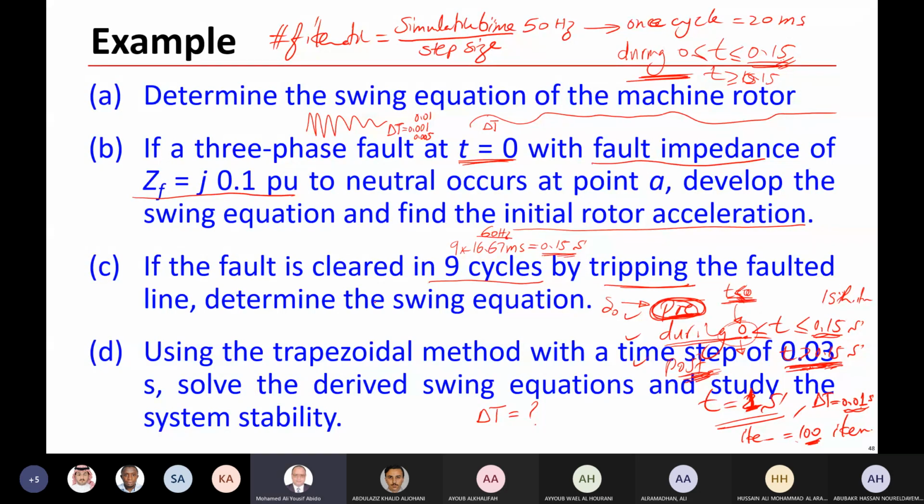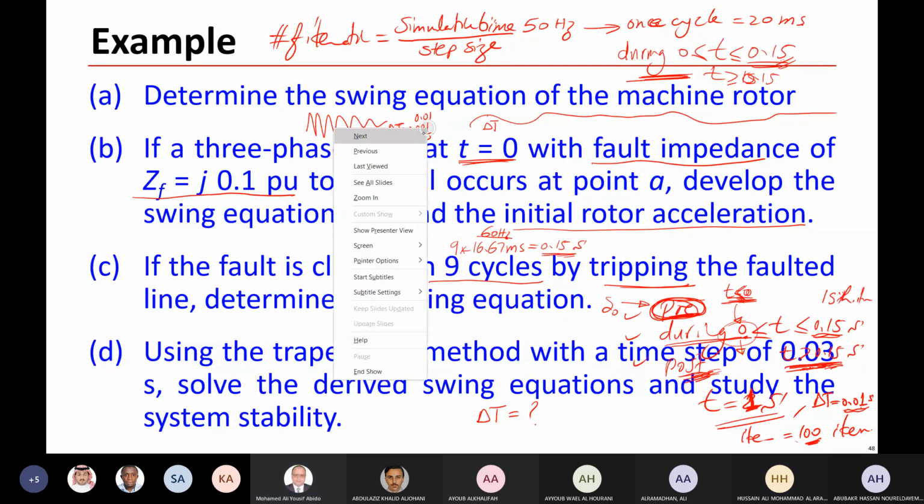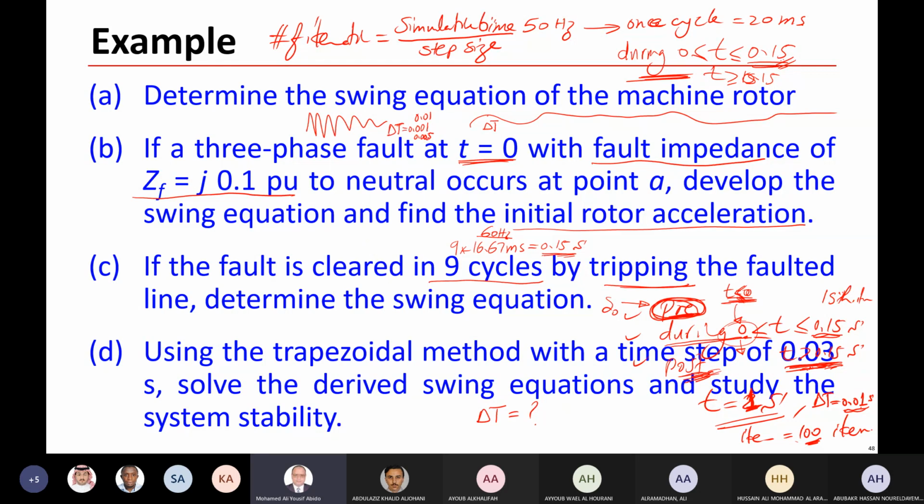Of course, you can start. This one will give you better results than this one, and this one will give you better results than this one. And definitely, the smaller the step size, the more accurate the solution.